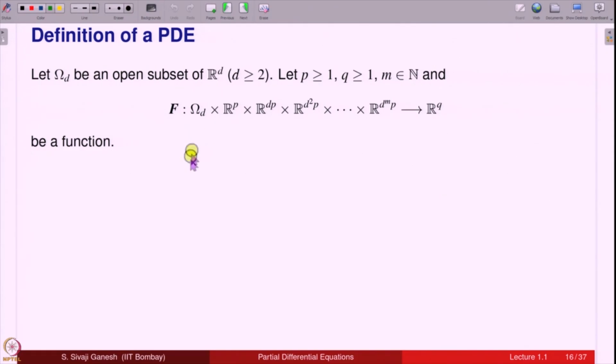So, d independent variables, and this is R^p, that means the unknown function has p components u_1, u_2, ..., u_p. It is a vector valued unknown function, and this corresponds to its derivatives, because u is a mapping from Omega_d to R^p. Therefore, the derivative will be of size dp. dp many first order derivatives will be there. This will correspond to second order derivatives, and this corresponds to mth order partial derivatives of the unknown function.